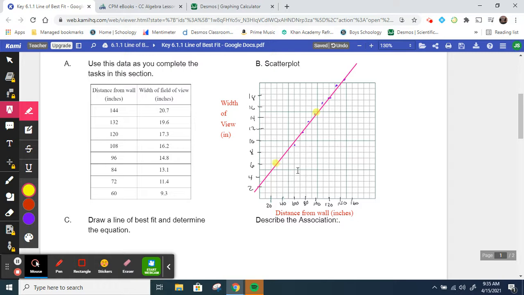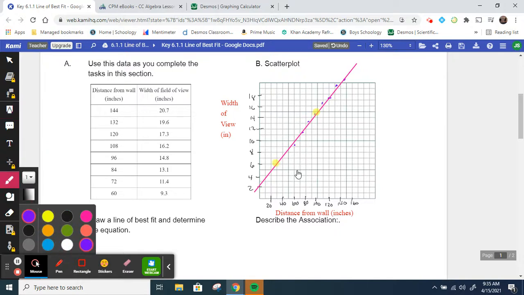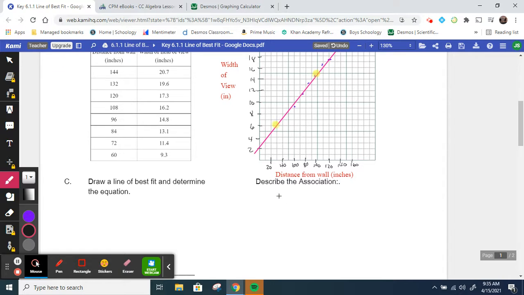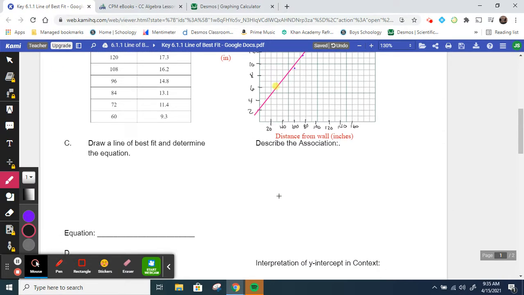What does that look like? That looks like maybe 30 and 6. So I just want to be really clear that if you have a data point that falls on your line, great. If you don't, like in this case, then I am going to use the ones that do fall on the line. So it seems like, what was it, 30 and 6?